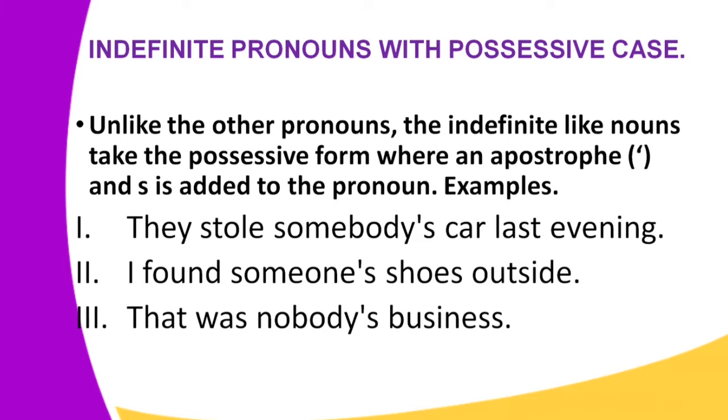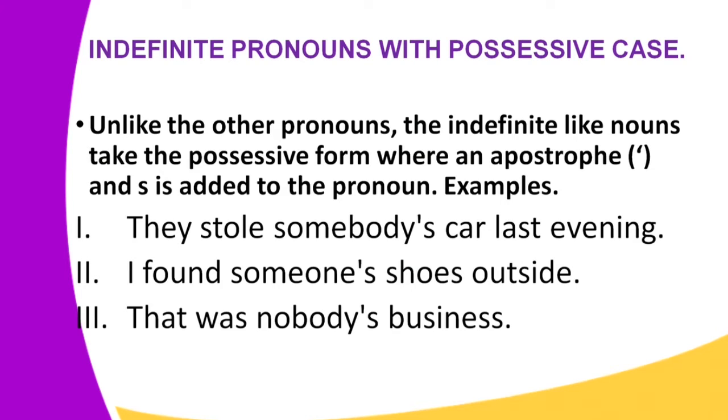Indefinite pronouns with possessive case. Unlike the other pronouns, the indefinite pronouns take the possessive form where an apostrophe and an s is added to the pronoun. Examples: they stole somebody's car last evening. Somebody has been added an apostrophe and an s to acquire the possessive form.